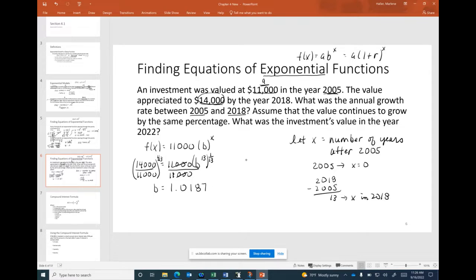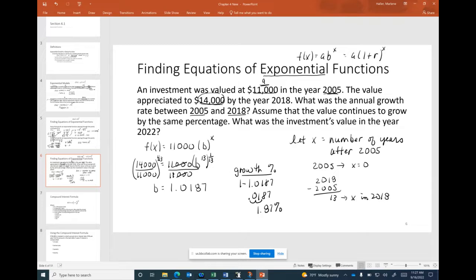If I subtract 1 from that, my growth percent is going to be 1.0187 minus 1, which will be 0.0187. As a percentage, move that over, we can see that this is growing at 1.87%. Okay, just an aside.